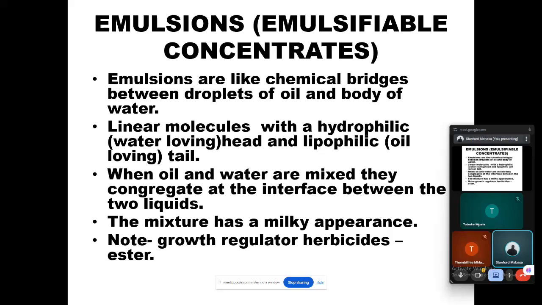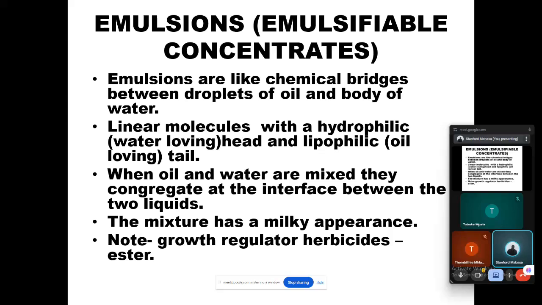If you mix water and that pesticide, if you get that milky appearance, you are dealing with emulsifiable concentrates. This usually happens with the growth regulator herbicides, ester, and it could happen with other insecticides as well.